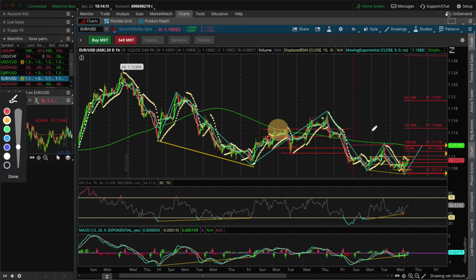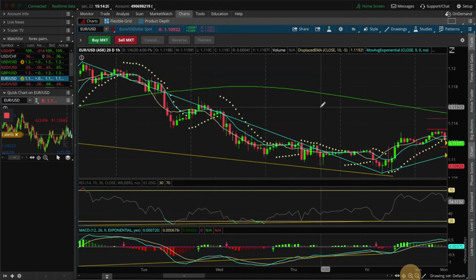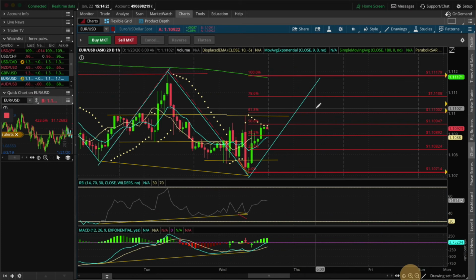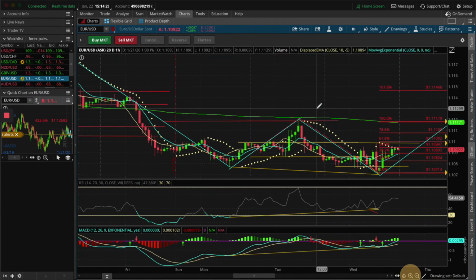Okay, so let's go over here to today, just how I put this into action today, and I'm waiting for my profits. Also, these are lines that I drew too, where I'm just kind of mapping the flow of the chart.